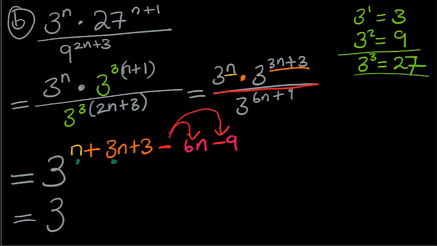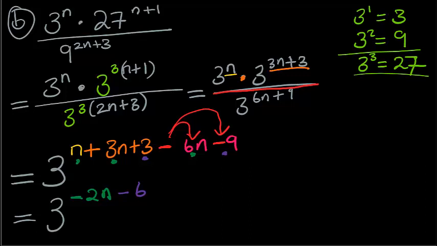N plus 3n gives me 4n. 4n minus 6n is going to be minus 2n. Okay. 3 minus 9 is going to be minus 6. So our exponents are going to be minus 2n minus 6.